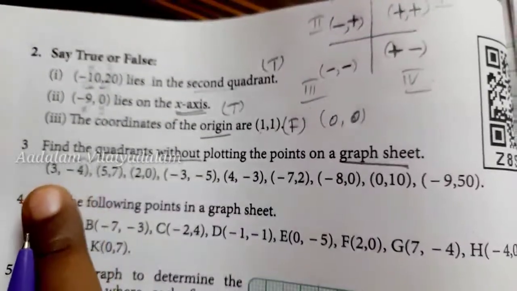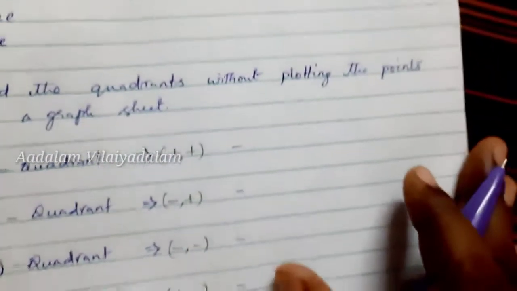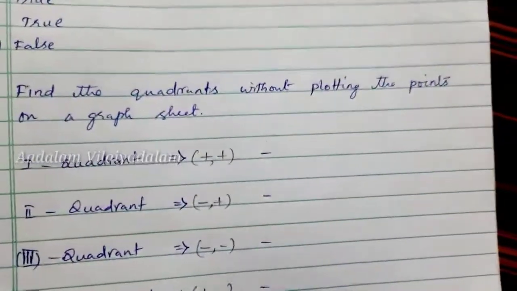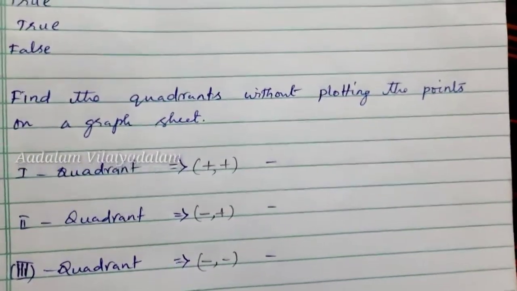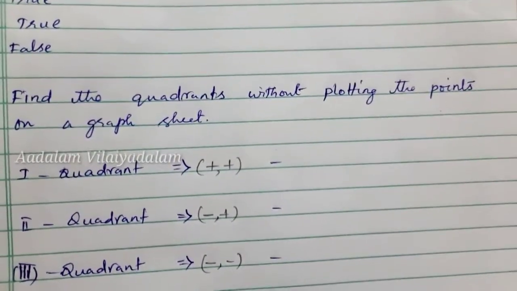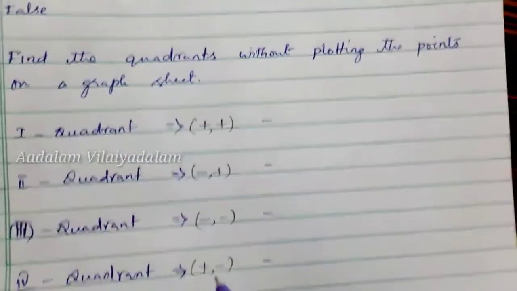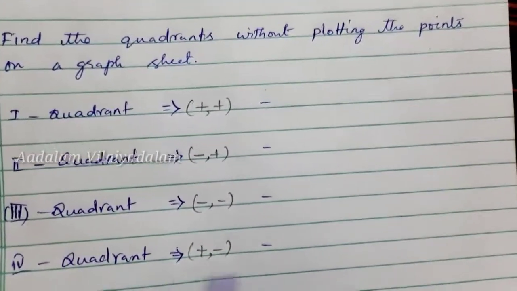The first point is (3, -4). In the point (3, -4), x is plus 3 and y is minus 4, which means it will lie on the fourth quadrant.